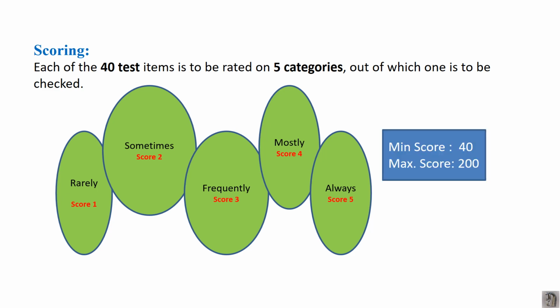The minimum score is 40 and the maximum score is 200. So 40 into 5, that means 5 categories, that is 200. So maximum is 200.